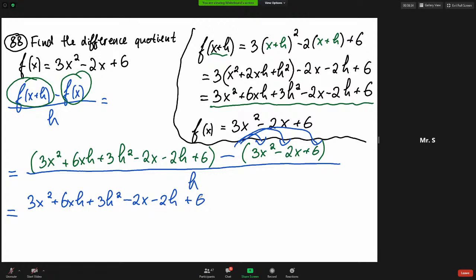A lot of terms, but nothing overly complicated, just distributing some things here and there. When we distribute the minus sign, we get minus 3x squared plus 2x minus 6. All that divided by h.